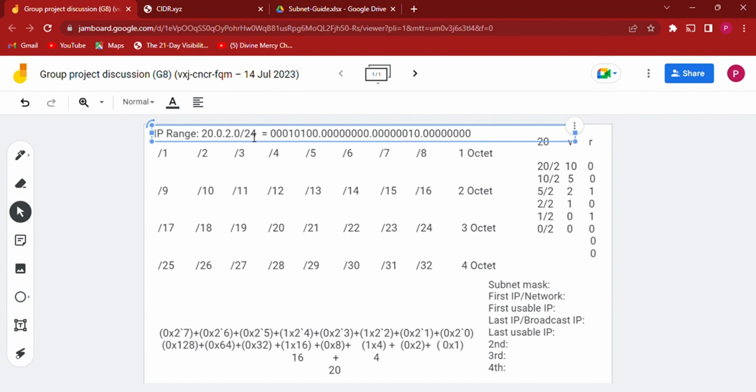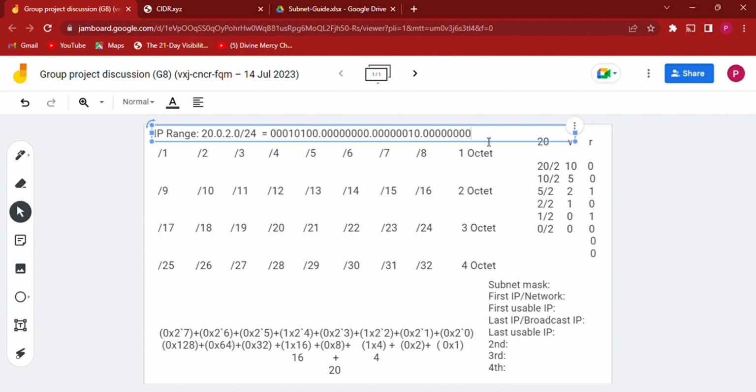So when you are doing slash 24, it means you are using 24 out of these 32 bits for the network, and the remaining 8 for the host, and that's what you divide. So 8 plus 8 plus 8, all these are for the network, and this is what you are dealing with.